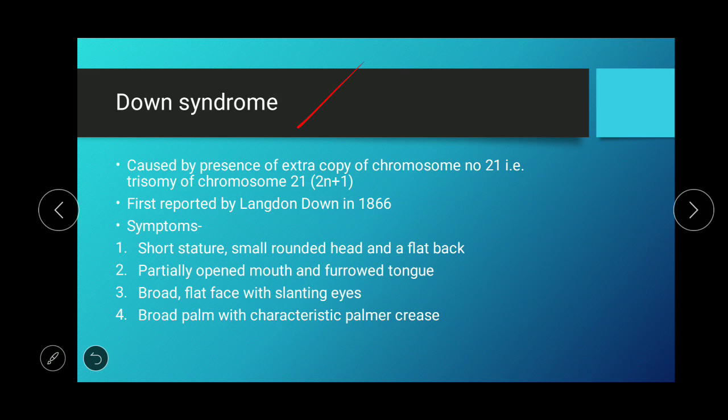Down syndrome is caused by the presence of an extra copy of chromosome number 21, that means trisomy of 21, and this was first discovered by Langdon Down. What are the symptoms?